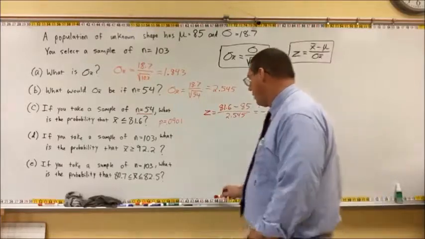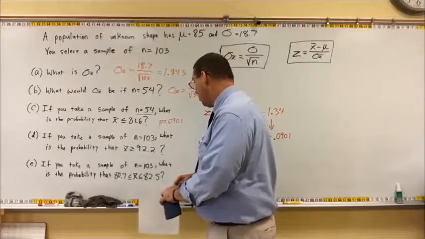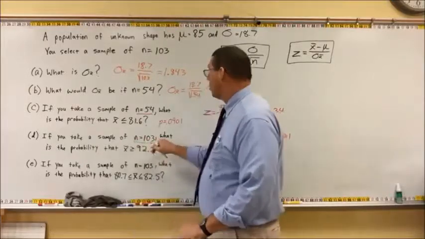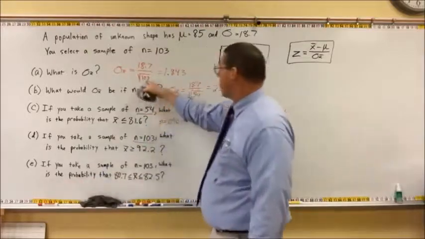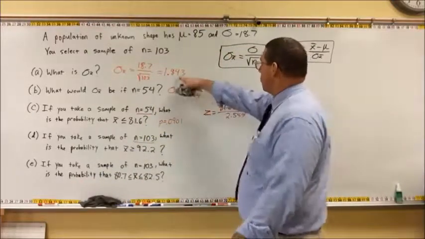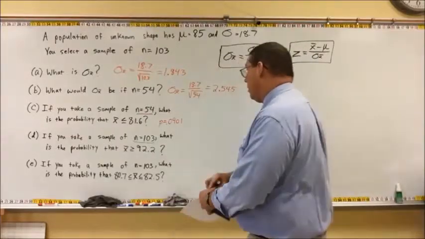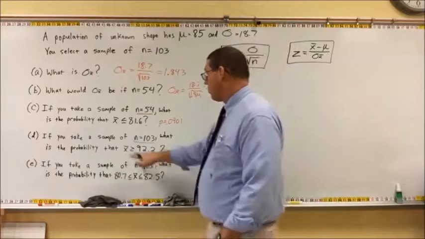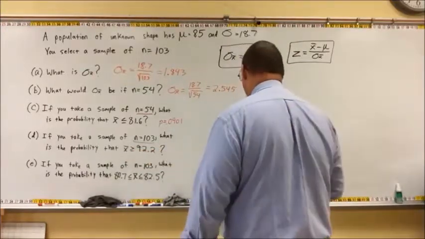It says if you take a sample of 103, so now we're going to use the standard error associated with a sample size of 103. So we're going to use 1.843 right here. Okay? All right, so we need a z-score. What's the probability that your sample mean is going to be greater than 92.2?